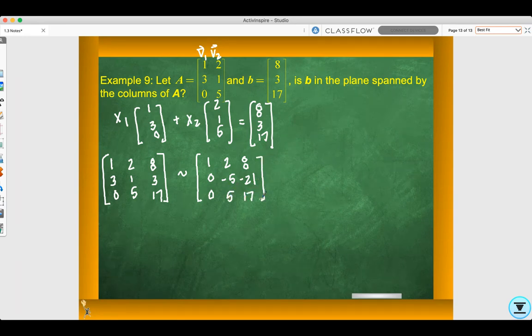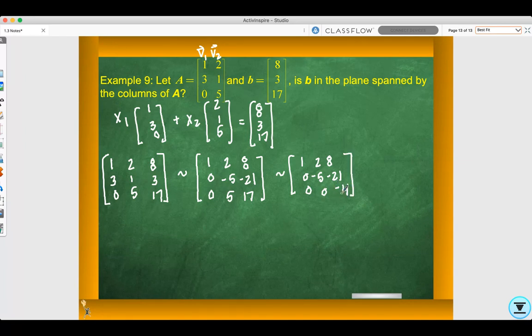And then I'm going to take row 2 and add it to row 3 to eliminate this so it's a 0 as well. And if you notice here, I get 0 equals -4.